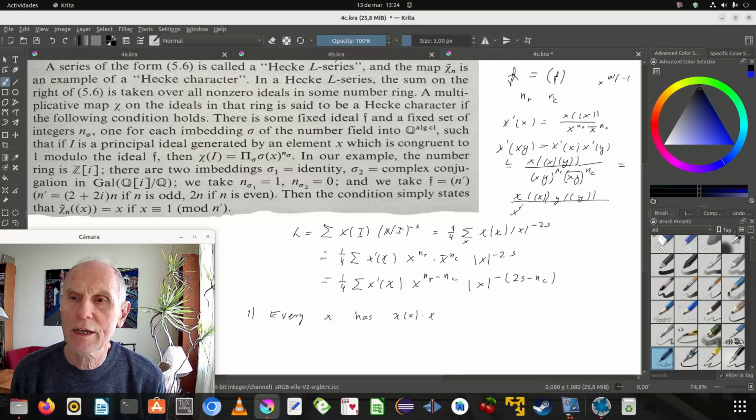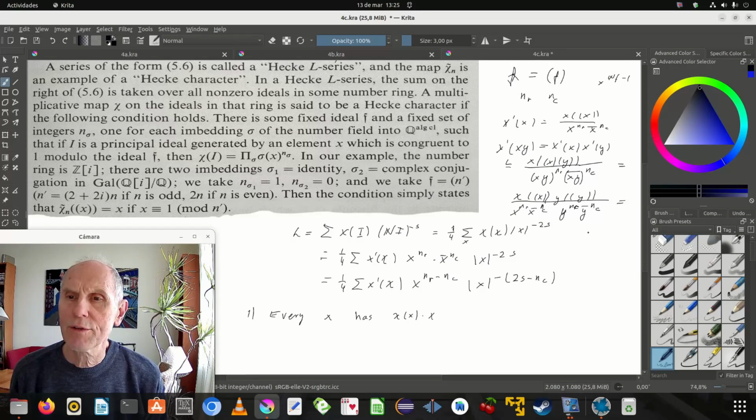And then x to nr, x bar to nc, times y to nr, y bar to nc.